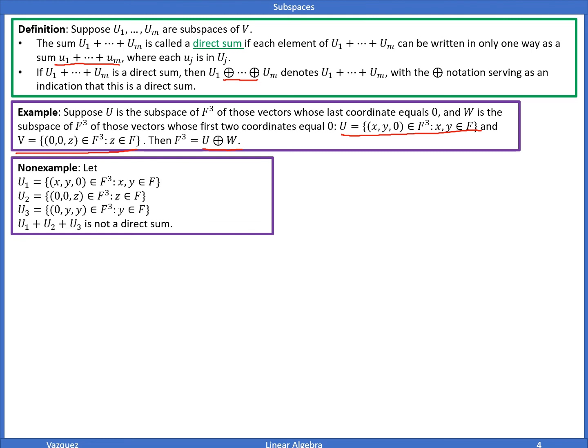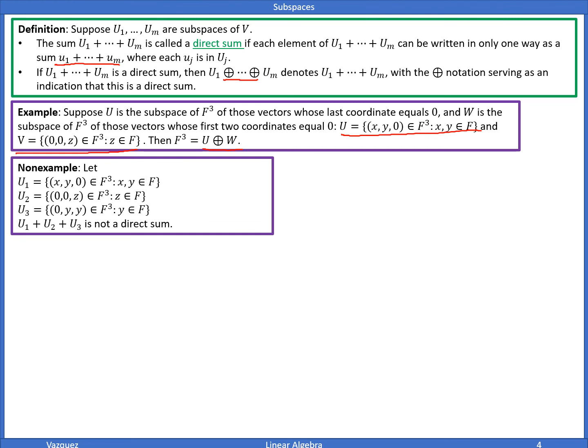And U1 plus U2 plus U3 is not a direct sum. So if you want, go ahead and pause. You can try to work out why this would not be a direct sum. But I'll show you now why this is not the case.